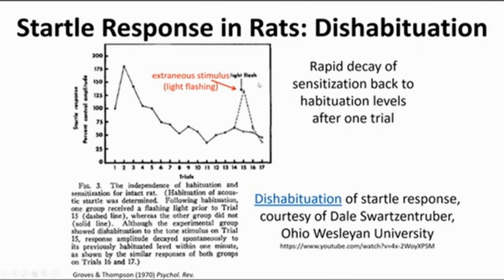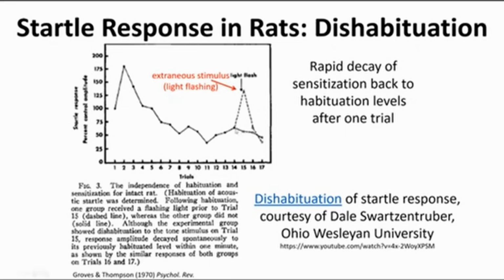After that light flash has activated their sensitization process, it very quickly goes back to a relaxed sensitization process, and throughout all of this, their habituation process would stay pretty much constant.